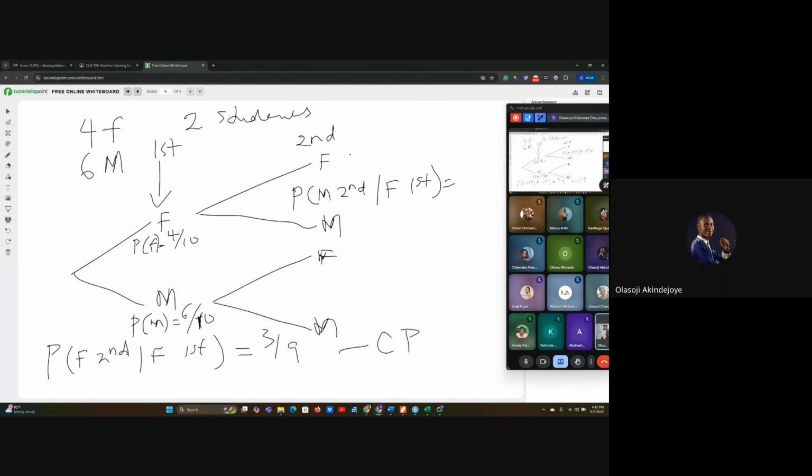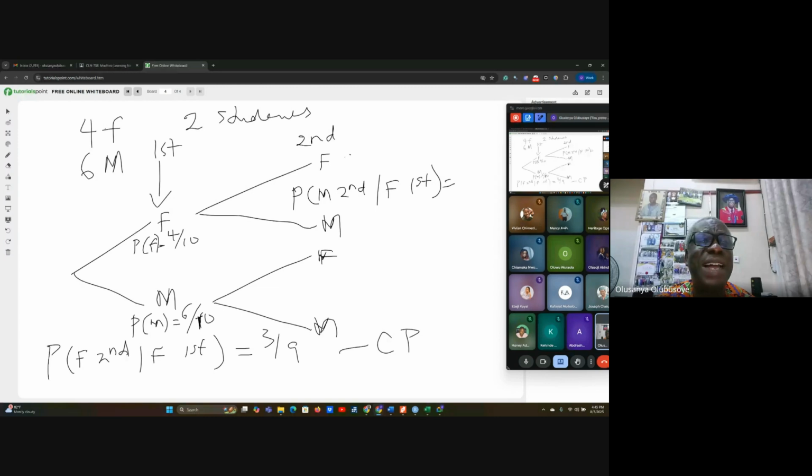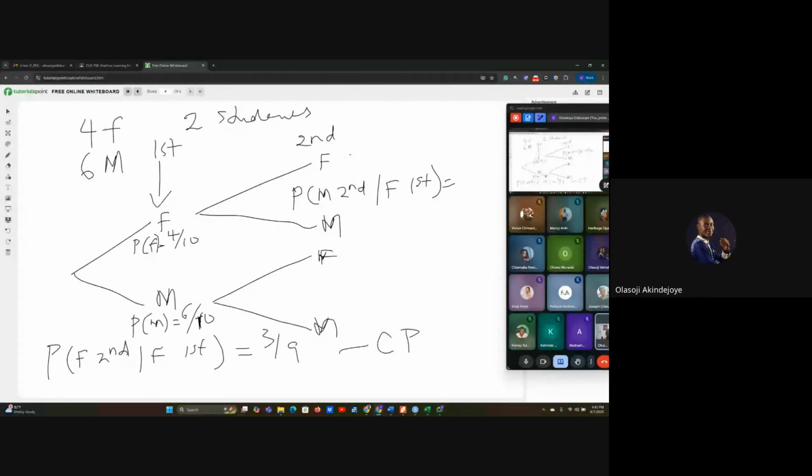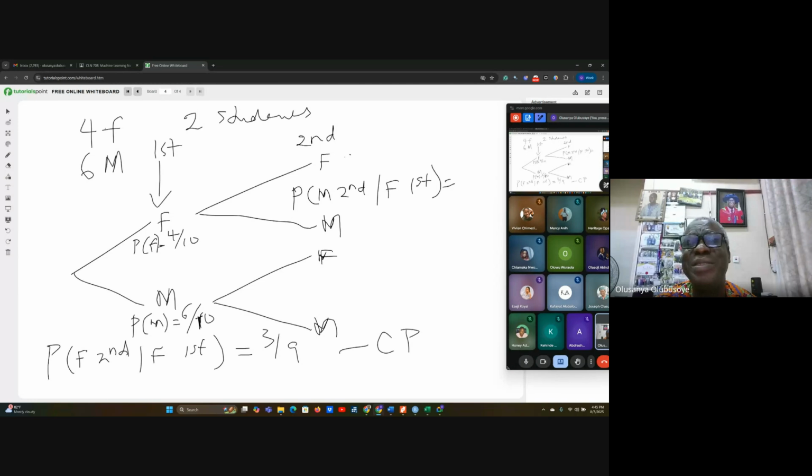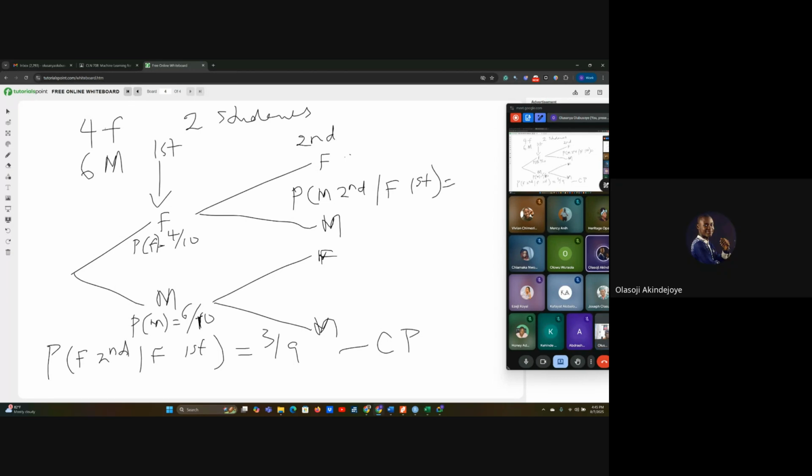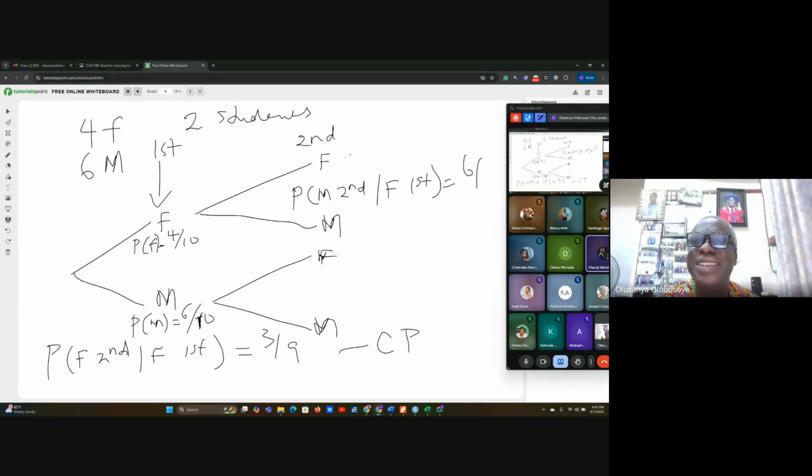If I understand, sir, that would mean that a male has been picked in the second. How many males are left after I pick female in the first? We still have 6 males left. Yes, but how many students are left? 9. So what is the answer now? So the probability of male now will be 6/9. Excellent.